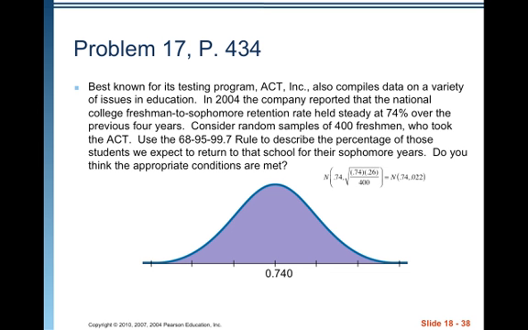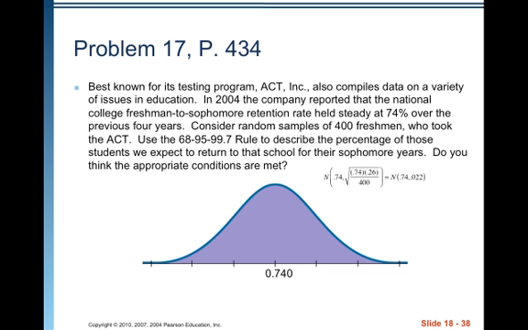Then I have the values 0.74 times 0.26, because q is 1 minus 0.74, so 0.26, divided by 400, because that's our sample size, and that gives us a standard deviation that rounds to 0.022.